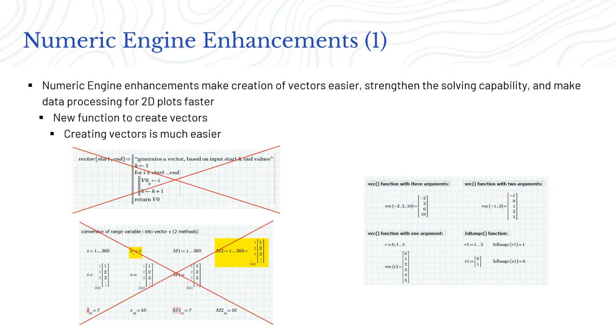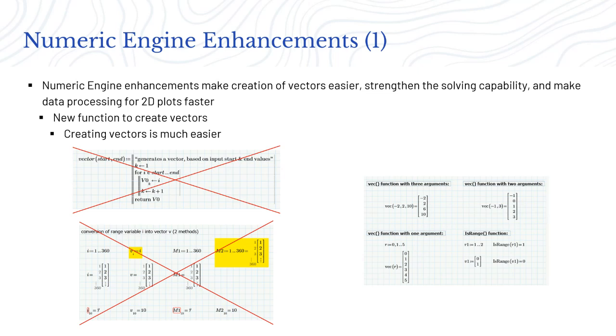So on the left of this slide, I just showed a small example. It's a small program that generates a certain vector because the functionality was not present up to version 11. Starting from 11, we have a new function which is called vector. I will show it in a minute, which allows the automatic generation of a vector.